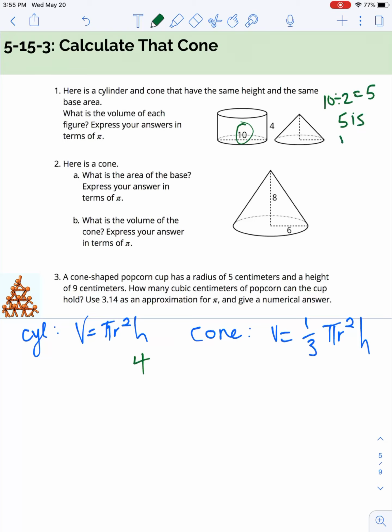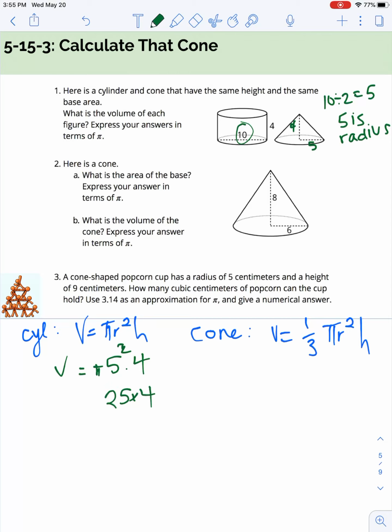That's the radius, and that's 4. So 4 times 5 squared pi. I don't know why I'm writing this backwards. Okay, so 25 times 4. Think of quarters.